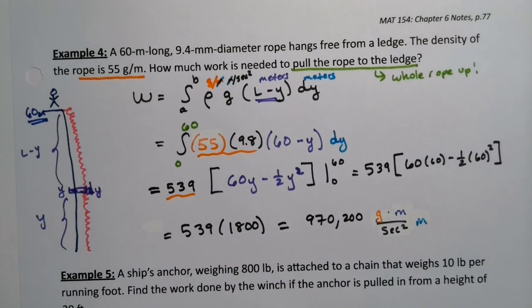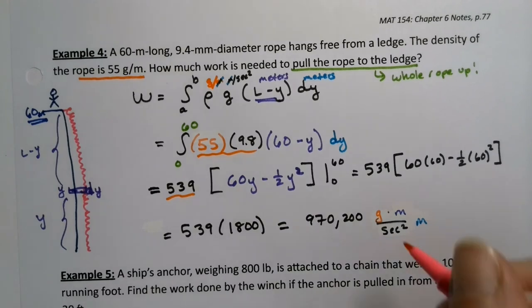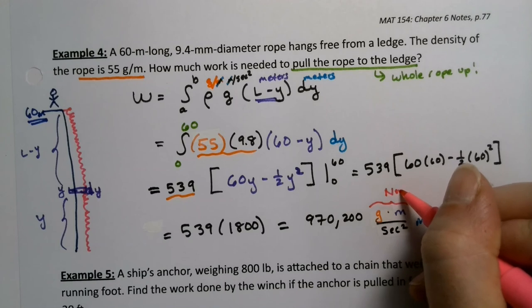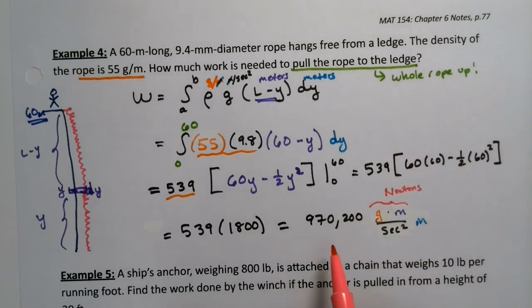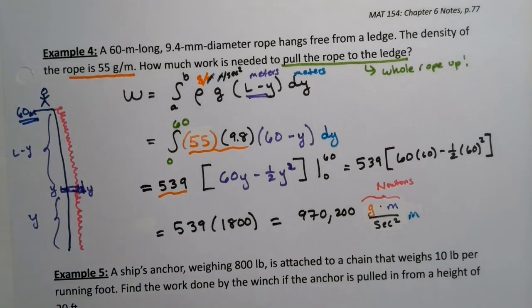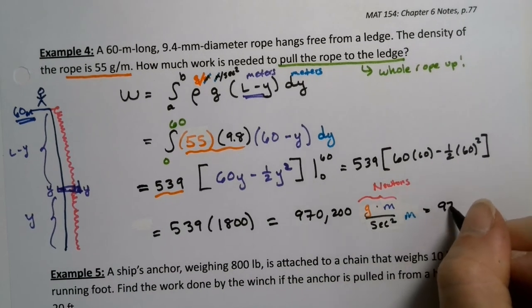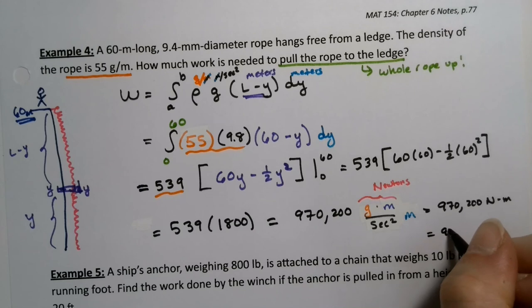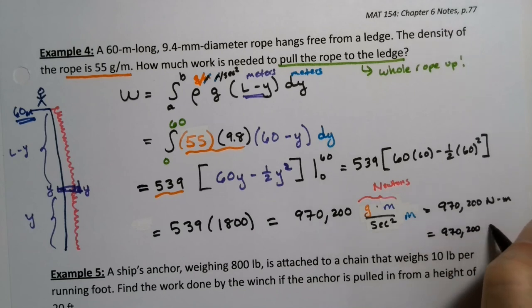Now, where am I going with that? What's my point? But this right here is the unit for newtons. So what we have is 970,200 Newton meters, aka joules. Right? So it works out. So this is 970,200 Newton meters, or if you like, 970,200 joules.